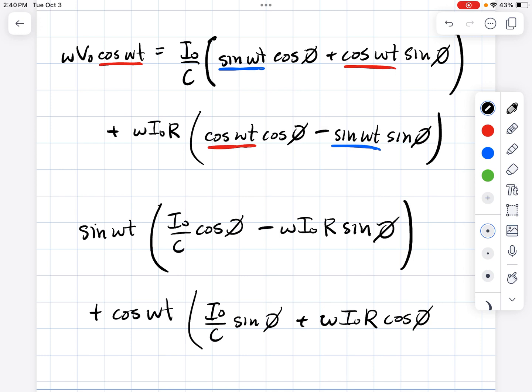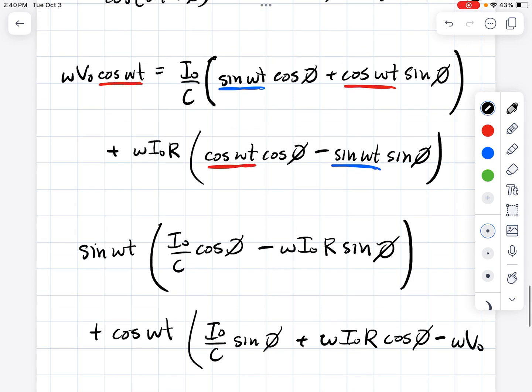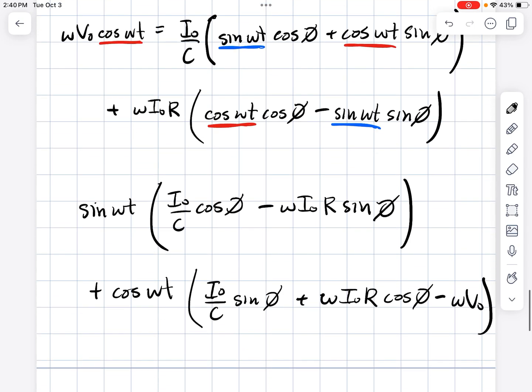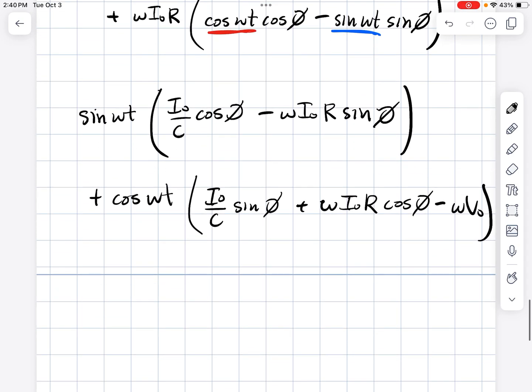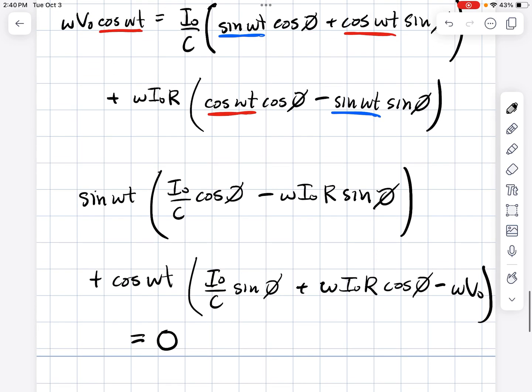And now we have to be careful because we also have a cosine omega t term on the left. I'm going to move it over to the right, so we'll pick up a minus sign, and then what multiplies that cos omega t is minus omega v naught. Okay, good. And so all of that will have to be equal to 0 because we took the term that was on the left-hand side and moved it over to the right. So there's just a 0 left over.